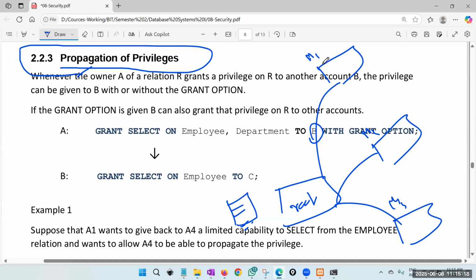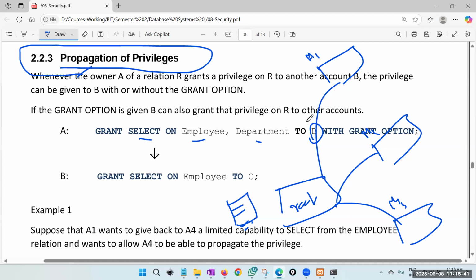Then only that user can do those. That user, when logging in with that username and password, can now write a select statement on employee and department. But if there's another user in that department, again I need to give that privilege.